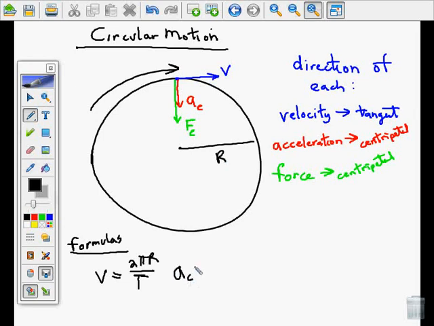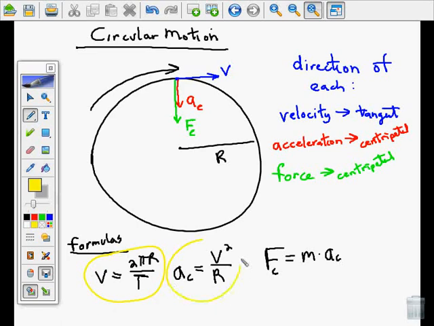The centripetal acceleration is equal to that velocity that you just got squared divided by the radius, and the centripetal force is equal to the mass of the object that's going in the circle times the centripetal acceleration. Those are the three circular motion formulas that you have to know.